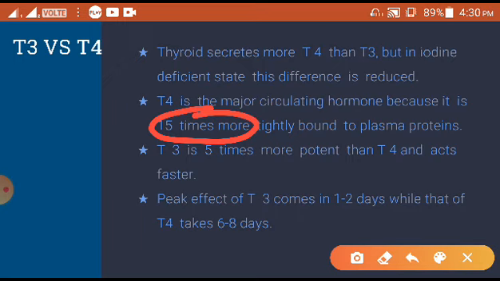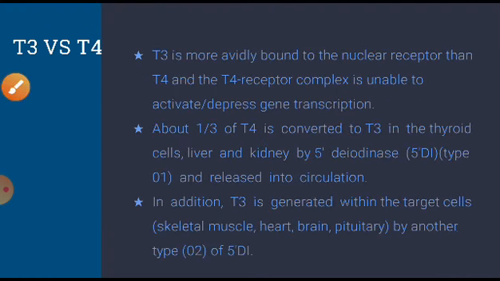T3 is 5 times more potent than T4 and acts faster. The peak effect of T3 comes in 1 to 2 days, while that of T4 takes 6 to 8 days. Why? I already told you about the half-life of these drugs. T3 is more avidly bound to the nuclear receptors than T4.